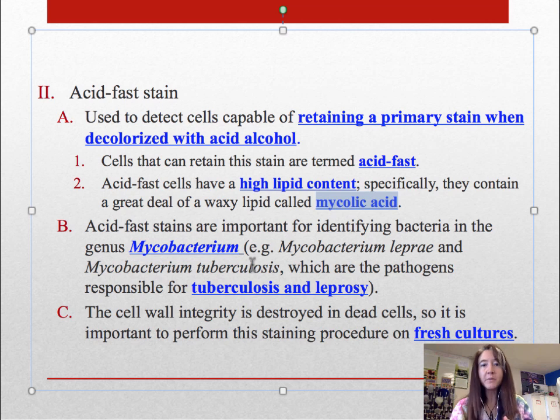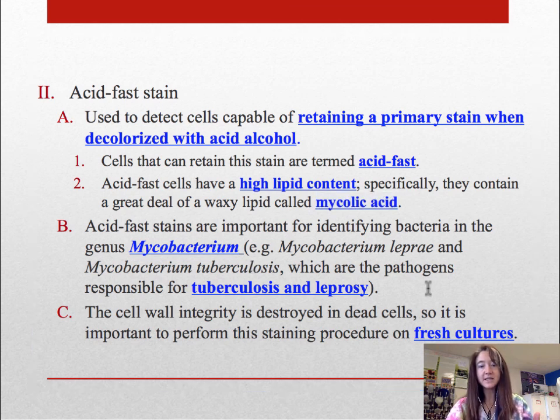I hope that helps you remember for the future. So mycolic acid characterizes these pathogens. So if someone is coughing up bloody sputum, maybe you've seen Doc Holliday or you've seen Nicole Kidman in Moulin Rouge when they die of what used to be called consumption, which is tuberculosis. If you take the sputum of someone who's suffering from tuberculosis, you will see that it will contain acid-fast bacteria.